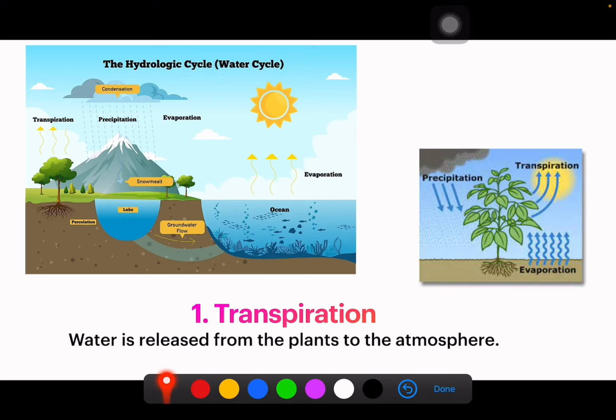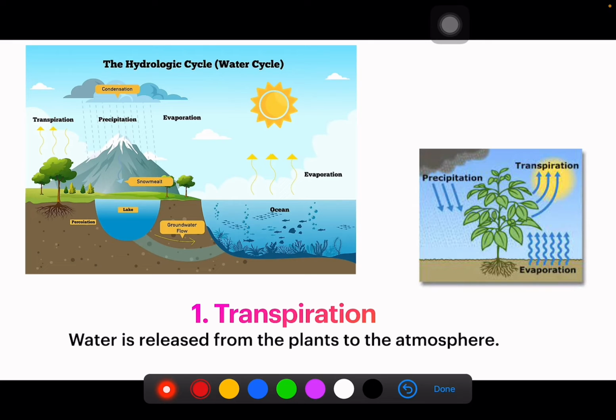The first process in the water cycle is called transpiration. This happens when water is released from the plants to the atmosphere.